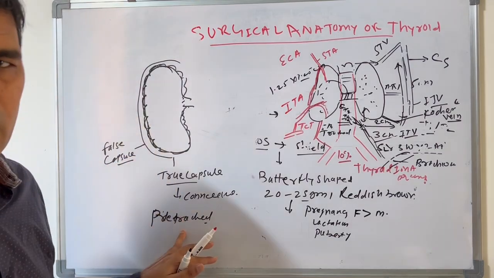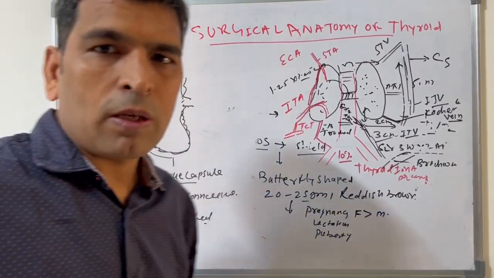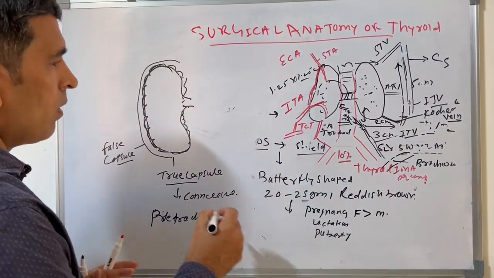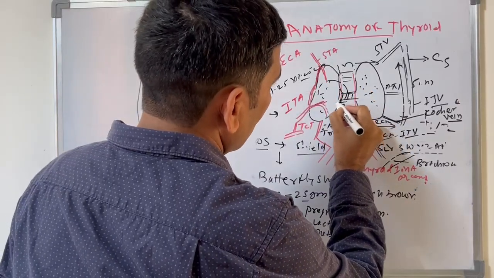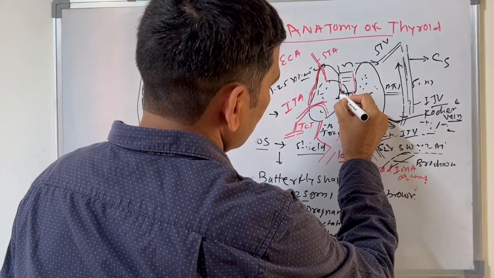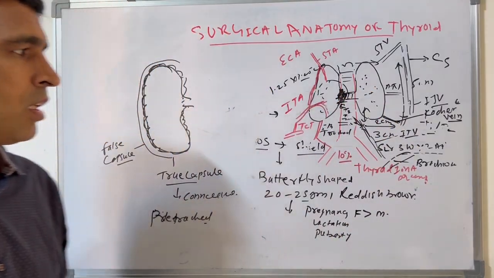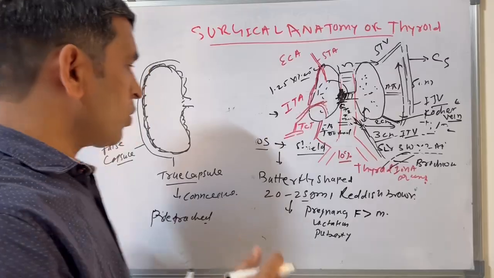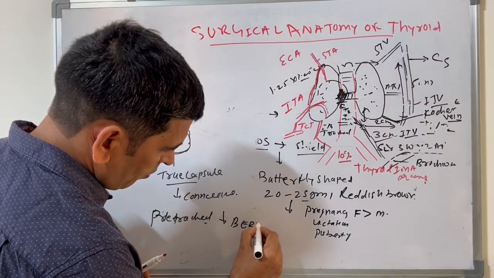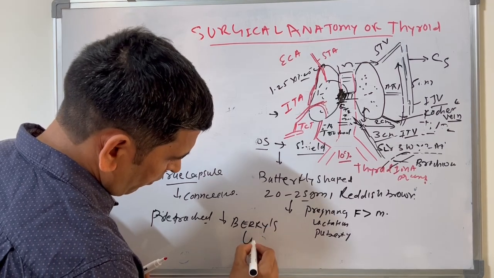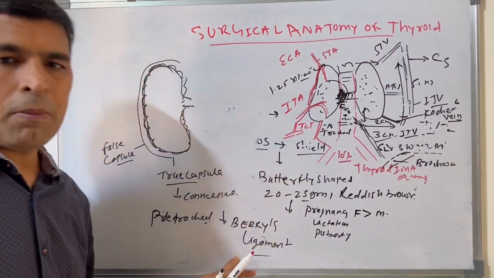This pretracheal layer of deep cervical fascia forms the false capsule, and this false capsule forms one tight band near the cricothyroid muscle. That tight band you have to dissect during surgery. That tight band is called Berry's ligament, or ligament of Berry.